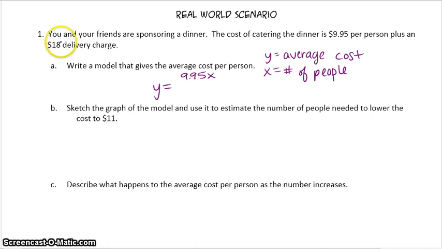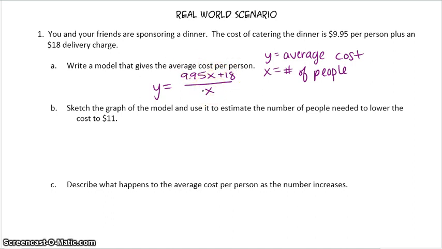And on top of that, no matter how many people come, we're going to have an $18 delivery charge, so that's plus 18. And since we want the average cost per person, we would divide this whole thing by how many people come, x. If we just wanted the total cost, it would be just the numerator here, but we want the average cost, so we're dividing this by x.